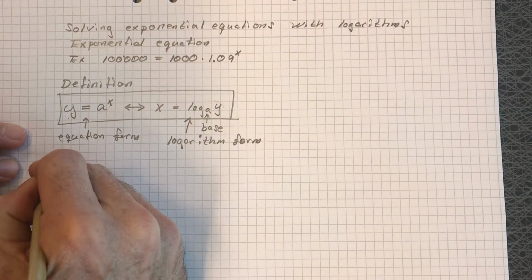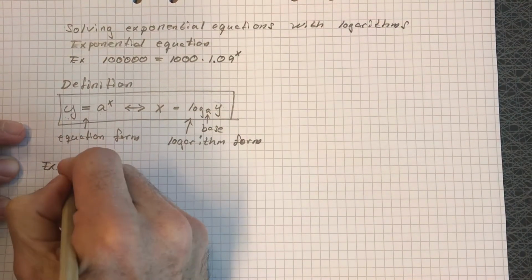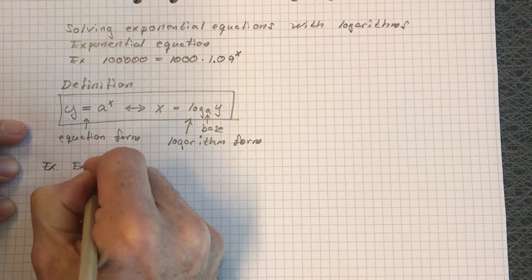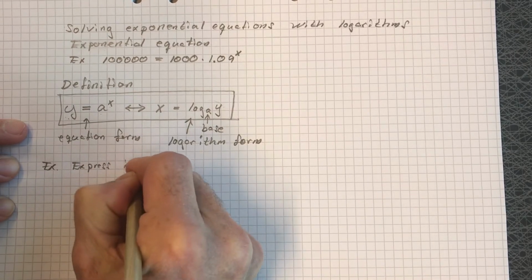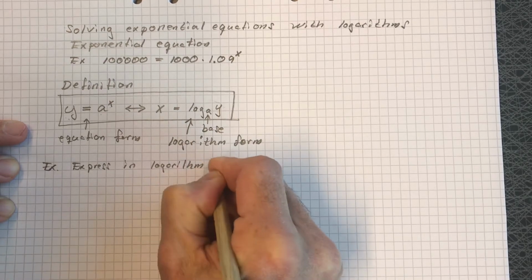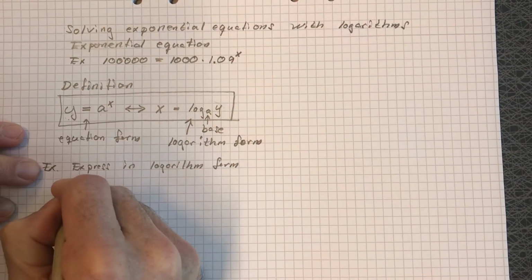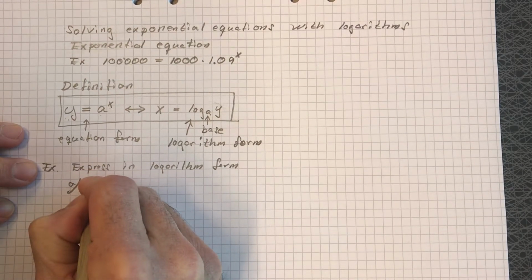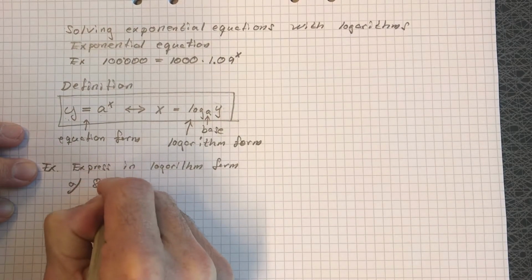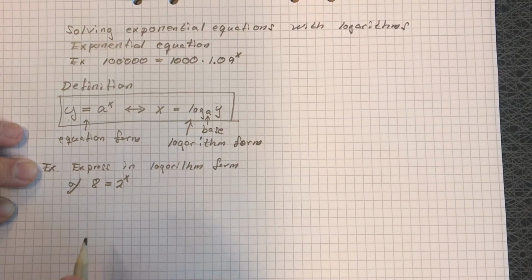So let's look at how you are using this. Express in logarithm form, starting with 8 is equal to 2 to the power of x.